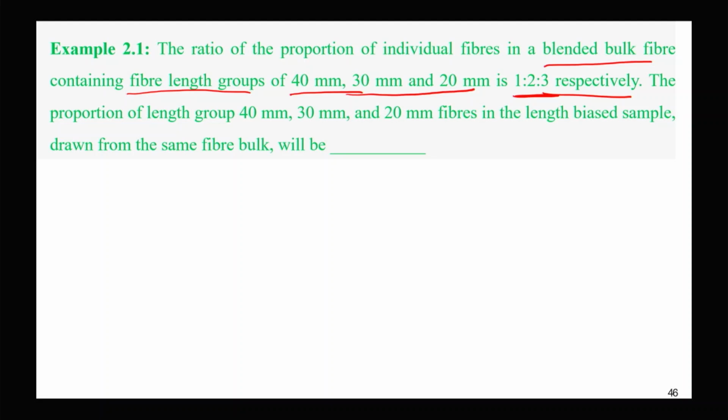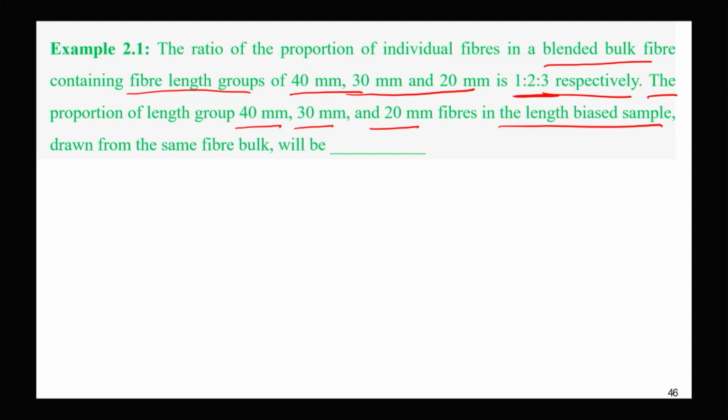We are taking the length bias sampling by this type, that fibrogram type of grip. The proportion of length group of 40 millimeter, 30 millimeter and 20 millimeter fibers in the length bias sampling drawn from the sample.